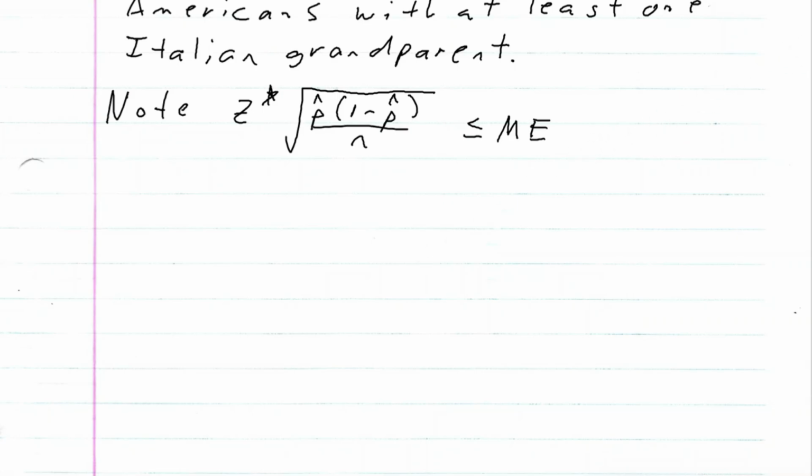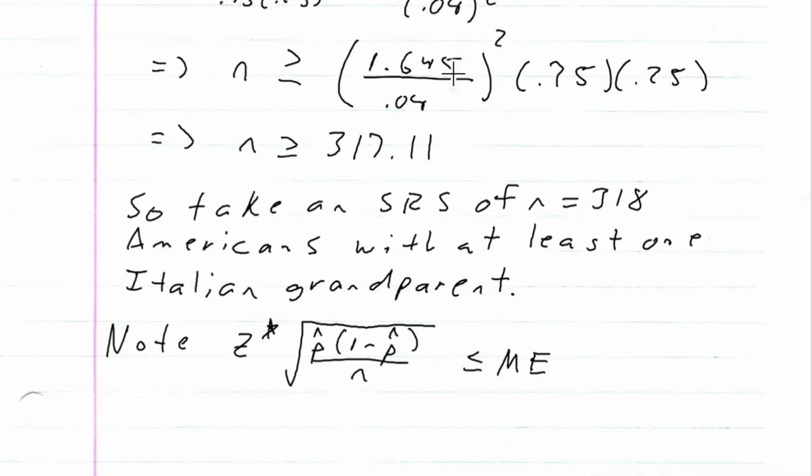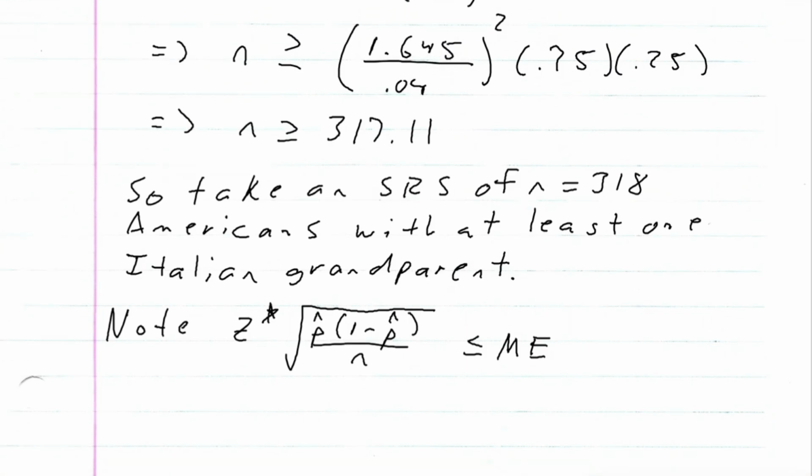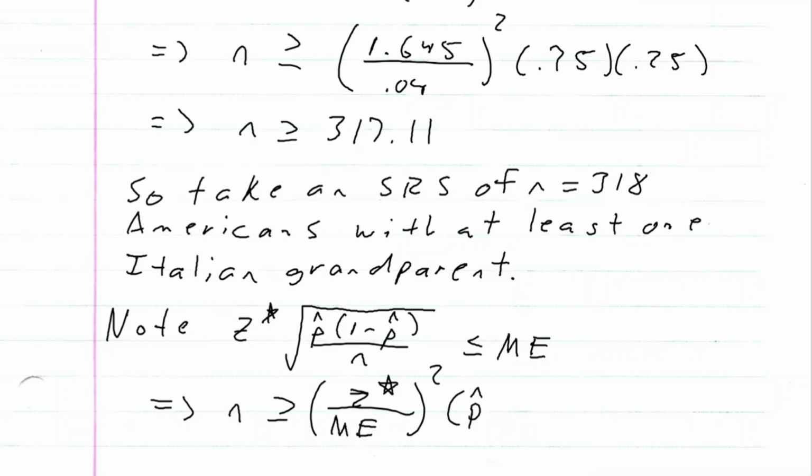But from the inequality we had up here, in general n is going to be bigger than or equal to 1.645, that z star, over 0.04, that maximum margin of error, squared, times 0.75, the sample proportion, and then 0.25, which was 1 minus p hat.